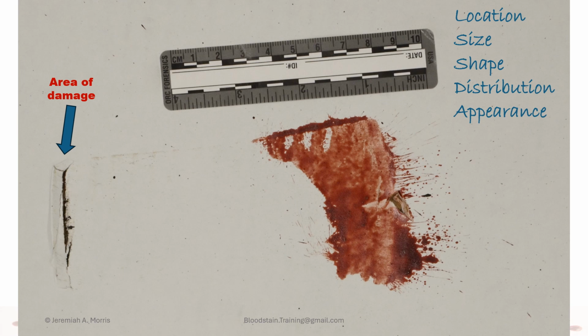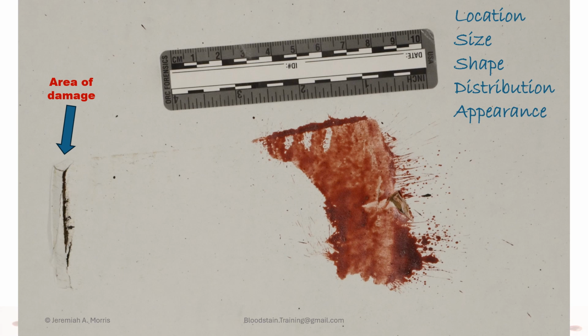At the top we've got a very sharp linear edge. We can also get a sharp edge on the right-hand side. The left-hand side is more of a curved shape, and the bottom side of the stain is irregular in shape. When we look at the internal coloration of the blood, we have an inconsistent internal coloration. It's not the same color. We've got some heavy areas as well as some darker areas.